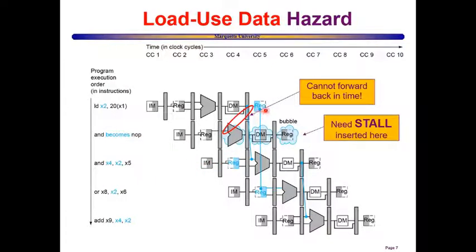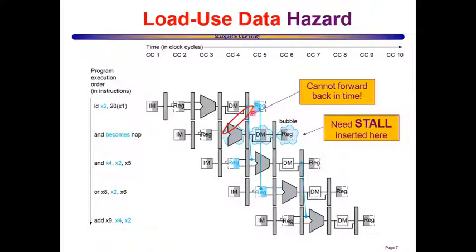So forwarding back in time is not possible because in the first instruction that is involved in this data hazard, the data that would need to be forwarded is available right at the output of the data memory pipeline stage, which would be latched and available right here in this pipeline register.